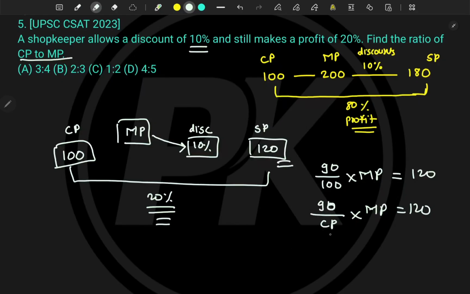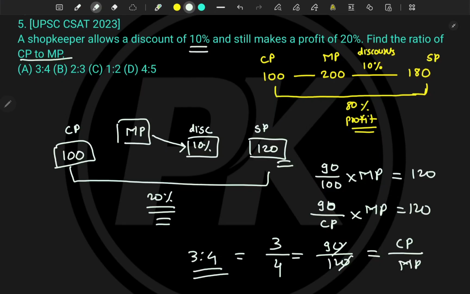So what we will do is just the mathematical arrangement here. Now I will bring that 120 here. If I'm going to that side, CP will come at the top and MP will come at the bottom, and that is what is asked, right? This gets cancelled. 3 3s are 9, 3 4s are 12. So 3 is to 4.